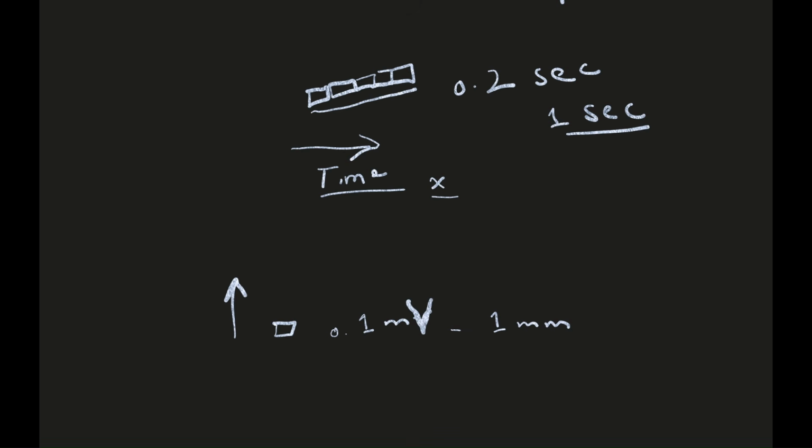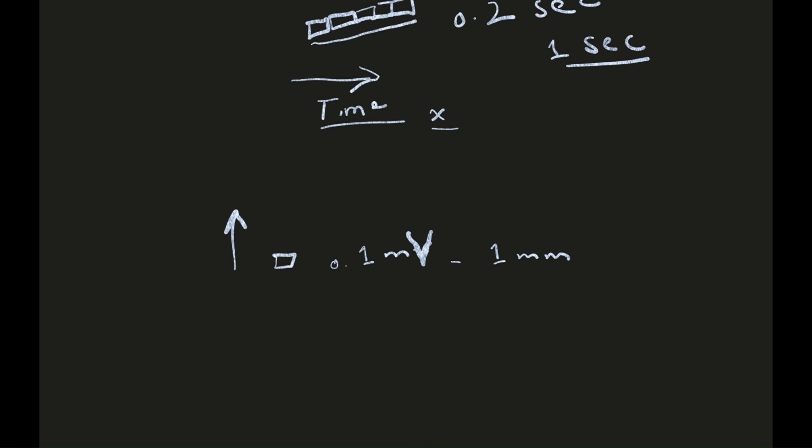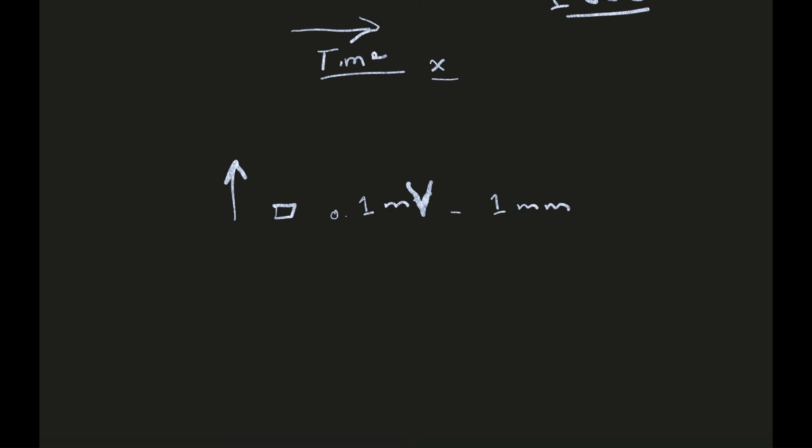Why is it important to label the voltage on the vertical axis? Because when we talk about hypertrophy, we will be calculating these boxes in the vertical axis. Now we are done with the ECG paper speed. I have told you about the small square pattern.